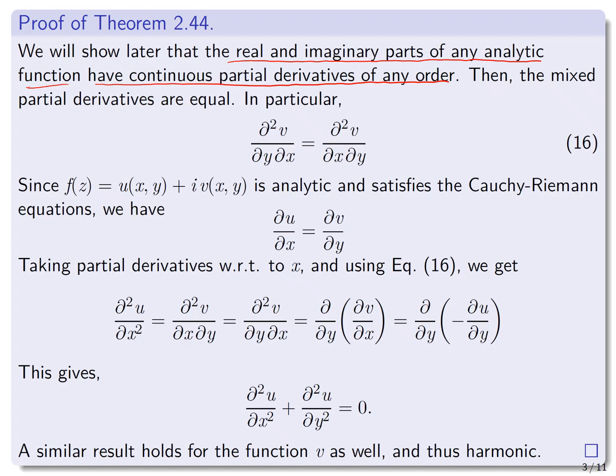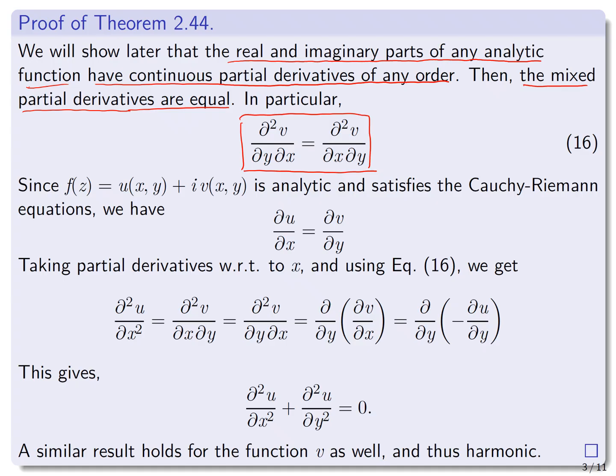That means in particular, you can say that the mixed partial derivatives are equal. That means if you change the order, the second partial derivative of v with respect to y and x equals the second partial derivative of v with respect to x and y. So they are equal.